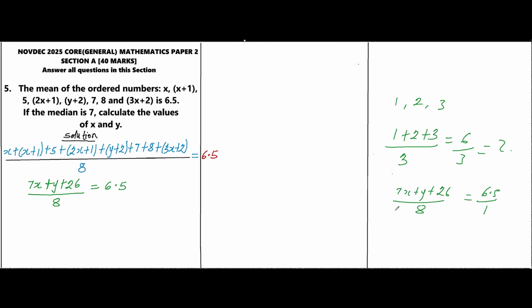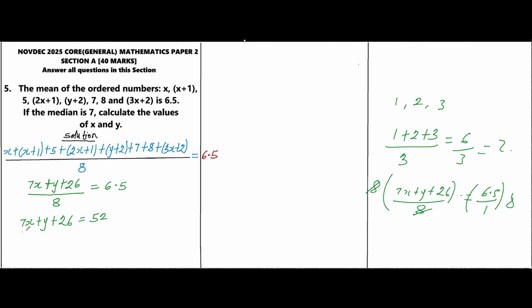You can multiply each term by 8, and then the 8 will cancel out. So we have 7x plus y plus 26, and this must be equal to 6.5 times 8, which is 52.